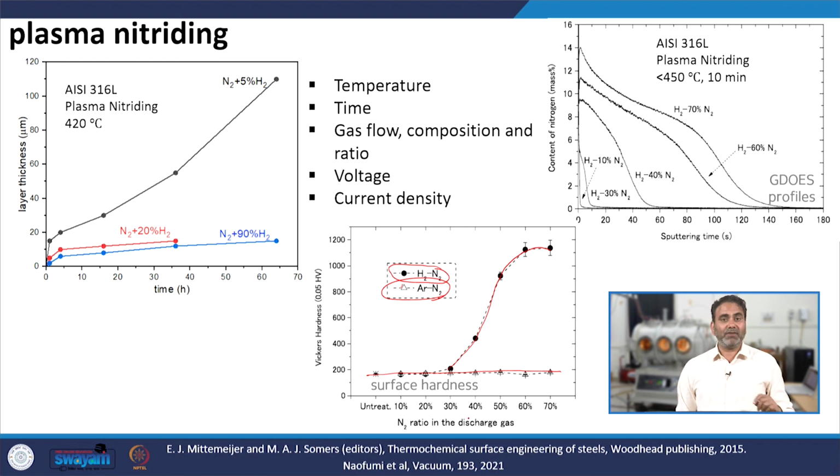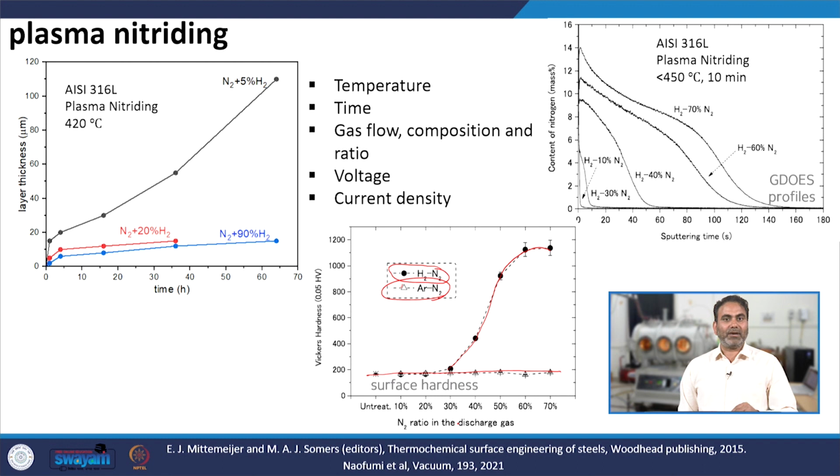Okay, what we understand from this is that hydrogen is a must in addition to nitrogen to have the nitriding effect. This can be understood as hydrogen allowing the formation of intermediate species, maybe NH, NH2 or NH+, some species together with the hydrogen, and those species will be able to transfer the nitrogen to the surface of the steel.